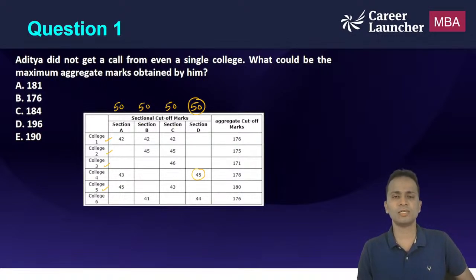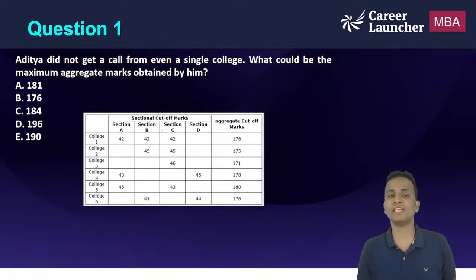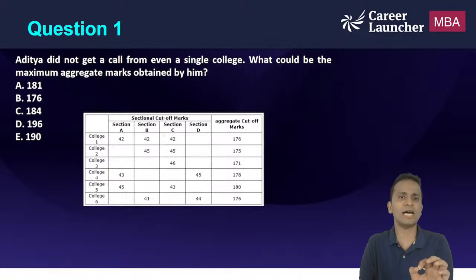So I am not able to cover all the colleges if I get 50 in 3 of the sections. Okay, I have to make sure that I'm not getting call from even a single college.